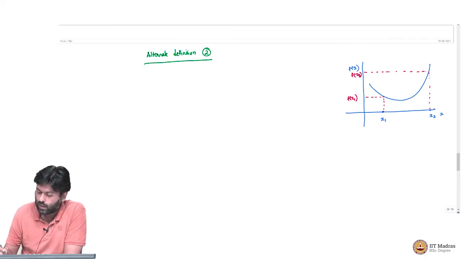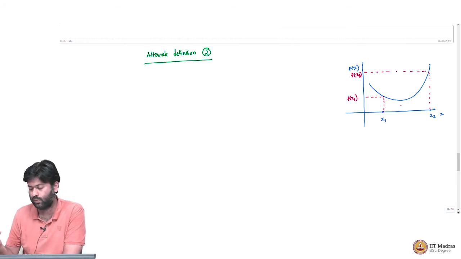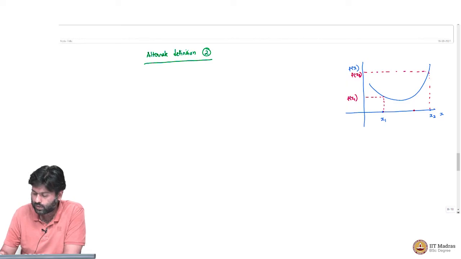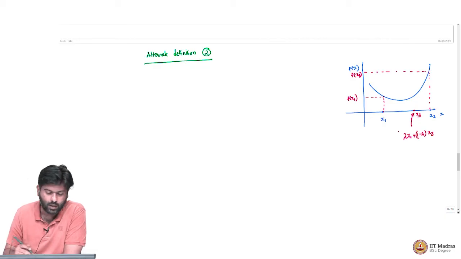Now, if I take a point between x1 and x2, right. And you know how to get points between x1 and x2, it is just lambda times x1 plus 1 minus lambda times x2 for some lambda. Let us say I pick it for some lambda here, right. So, this is lambda x1 plus 1 minus lambda x2, let us call this x3 perhaps.